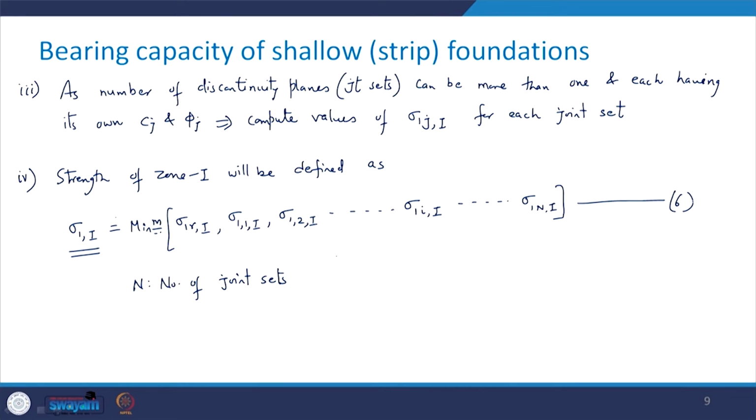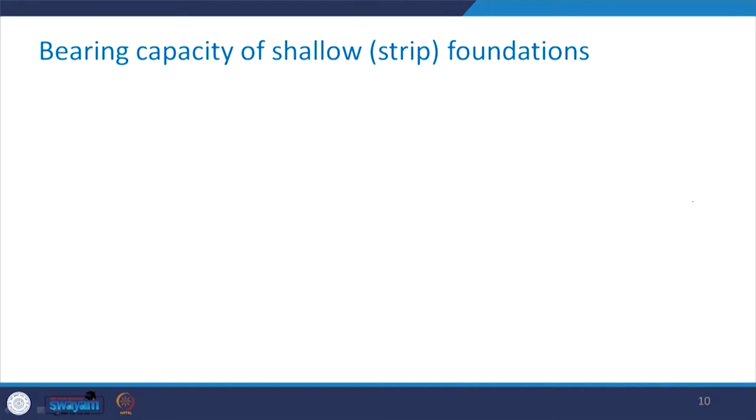Now this was about the strength of zone 1, and this is how using equation number 6 we can determine it. What about zone 2? So the next segment comprises the calculation for the strength of material in zone 2.